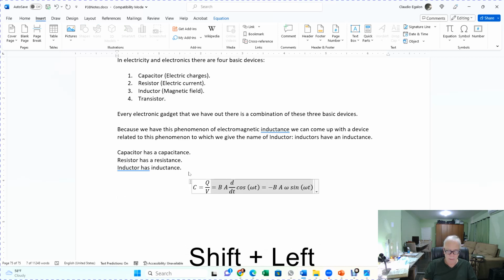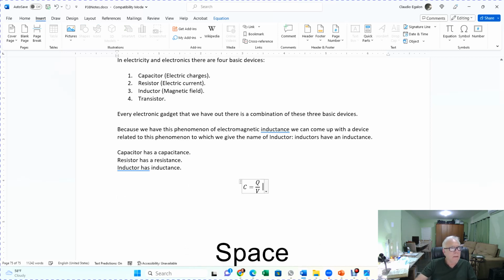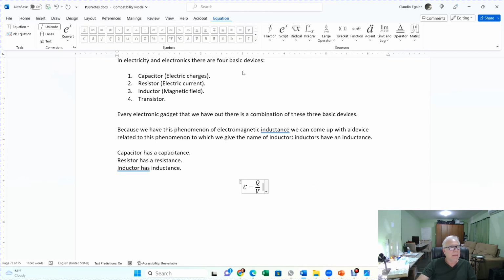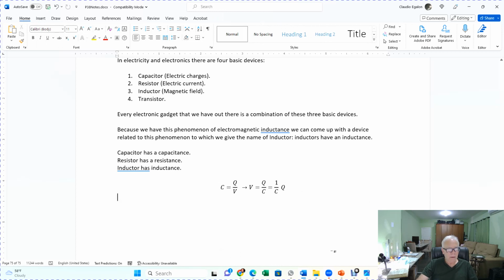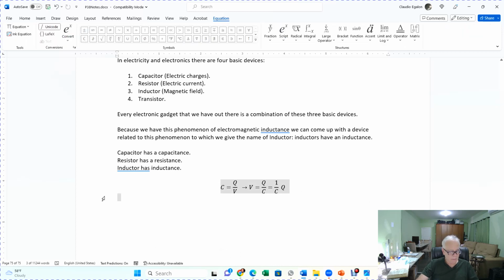Which, by the way, we can rewrite in terms of the V. V is going to be the Q divided by C, or even better, I'm going to write it in a better way. Instead of Q divided by C, I'm going to write 1 over C times Q. Okay? There's a reason for that, and you're going to understand why.